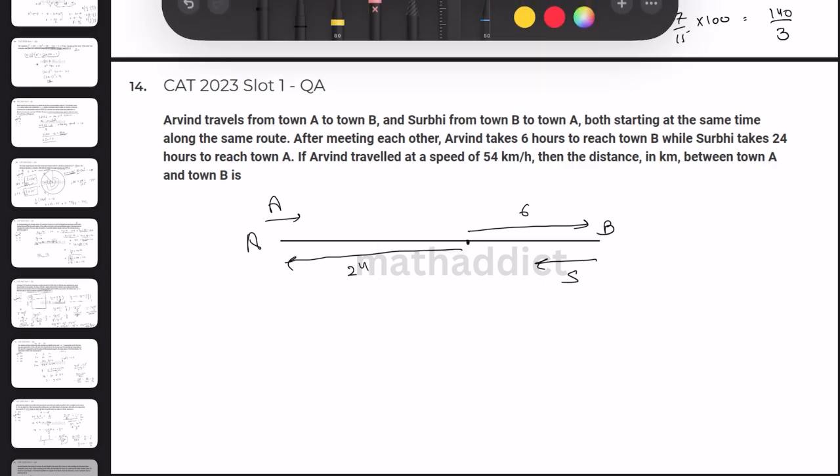If Arvind is traveling at a speed of 54 km per hour, then this length becomes 54 into 6, which is 324 kilometers. So this is 324 kilometers.